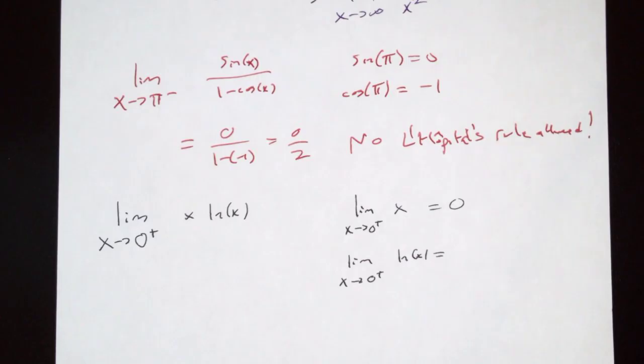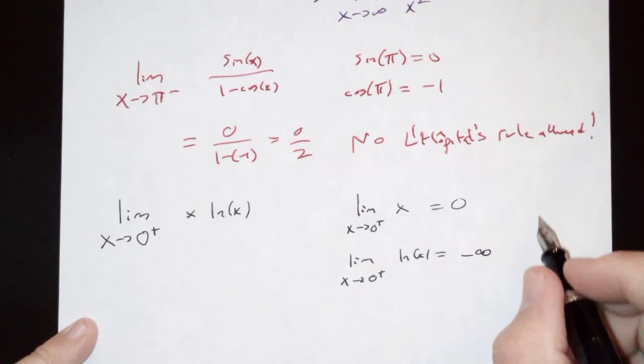At least I need to know the image in my head of what ln of x looks like. Just look at ln of x for the moment. The graph of ln of x has a vertical asymptote at 0. And it's going down and down and down and down to negative infinity.